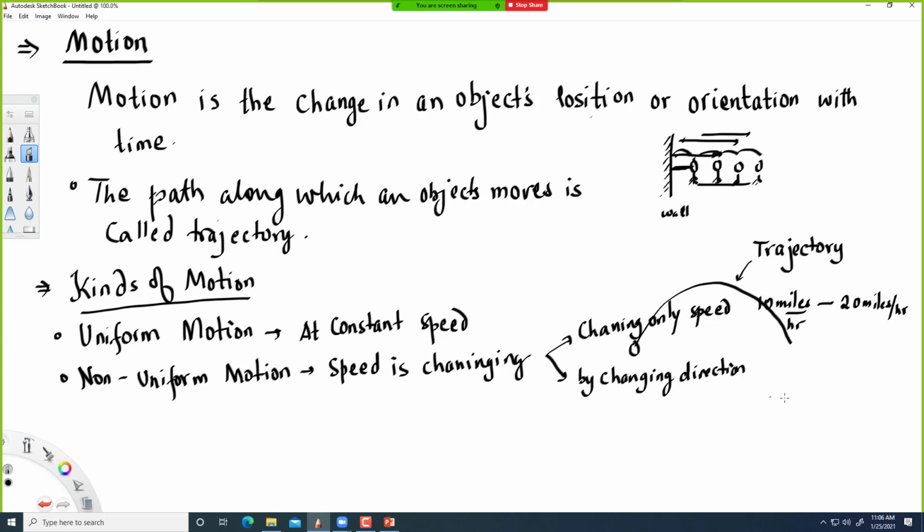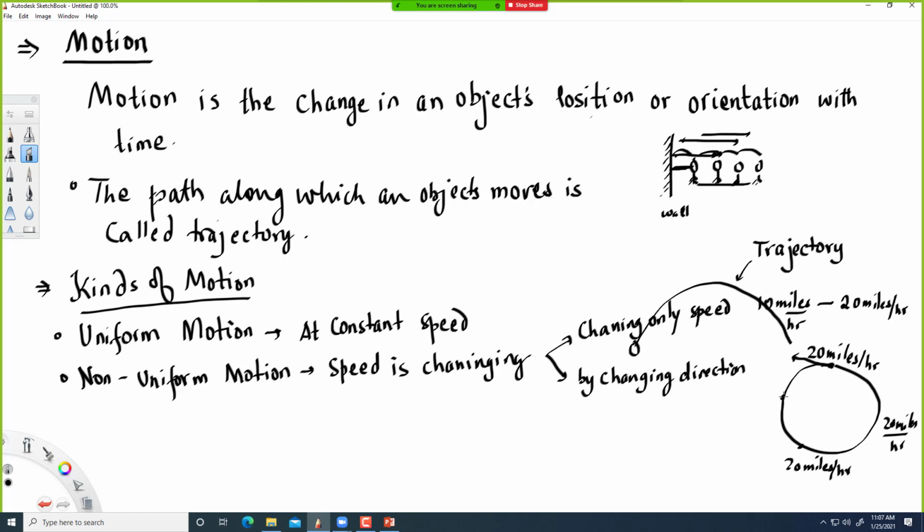Okay, for example, you are moving in a circular track. You are moving at constant speed. Okay, so let's say you are moving at 20 miles per hour. Everywhere, it's 20 miles per hour. But you are changing your direction at each and every point on this path. So here, at this point, you are moving along this path, okay? That's the direction.